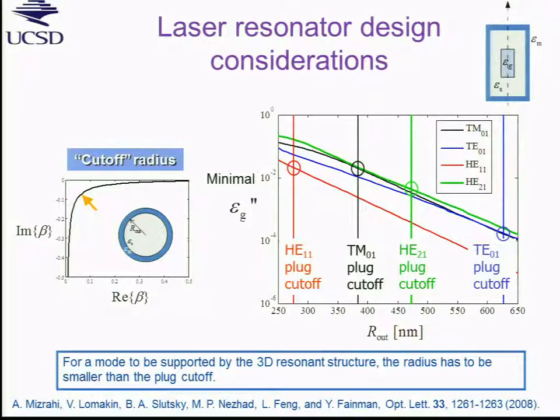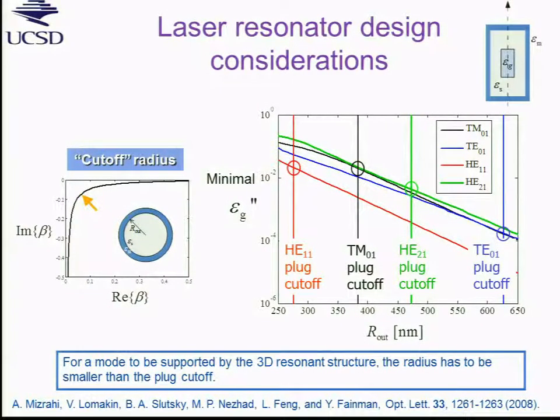So this is achieved around here, the minimal distance. In this case, at a given radius for each of the modes, we determine where the cutoff is. And if you look now at where the best mode is, it's a TE01 mode.